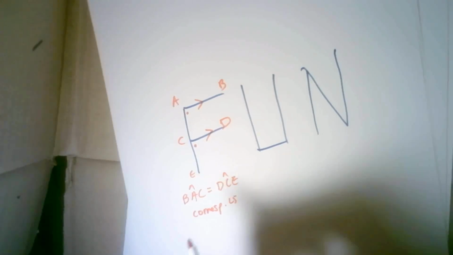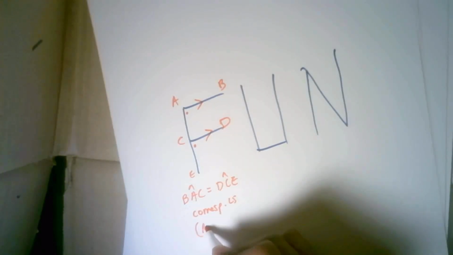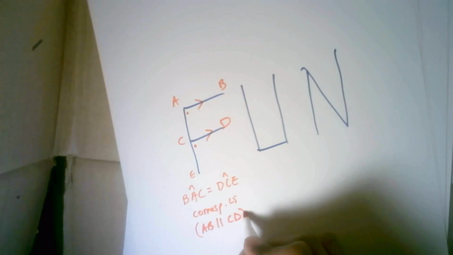And again, whenever you write the reason corresponding angles, you have to state the parallel lines. If you do not state the parallel lines, then you do not get a mark for the reason. So again, you need to state the parallel lines. So it's AB parallel to CD.